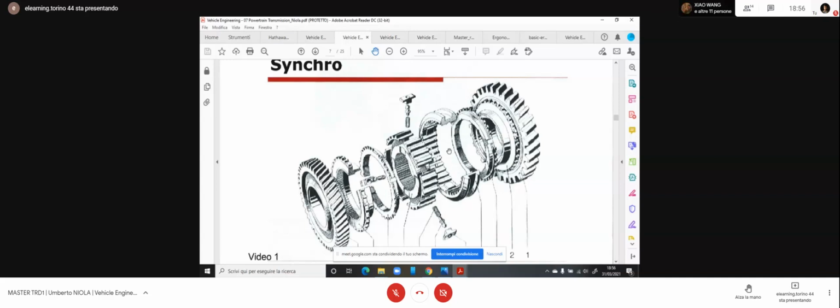If you have not this kind of mechanical help, you need to make in two different time the maneuver to change gears. So the first one is disengage from maybe the right gear. So you depress clutch, disengage, and you have this one not coupled right or left, is neutral.